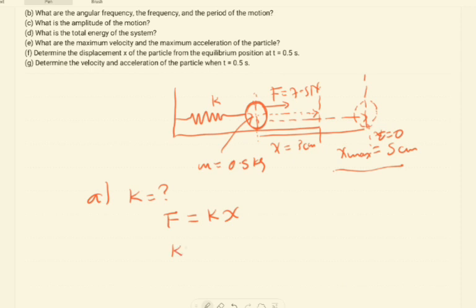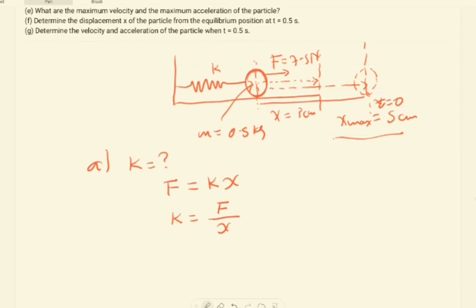Hence K would be the force applied on the particle divided by the displacement of the particle. Remember that we must differentiate between x 3 centimeter and 5 centimeter. This 3 centimeter is the displacement of the particle under 7.5 Newton. It's not the amplitude, which we will see later.